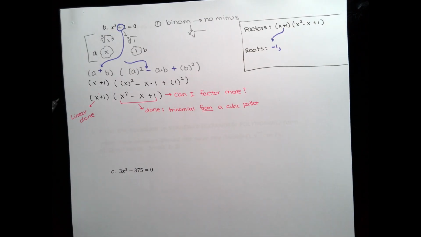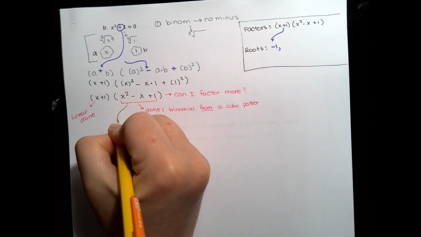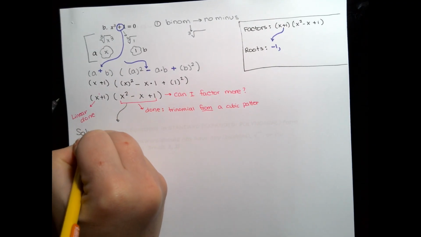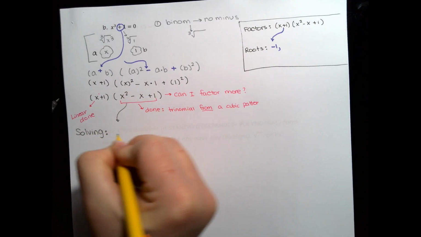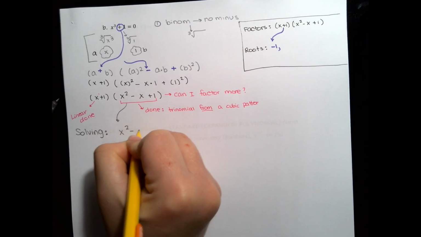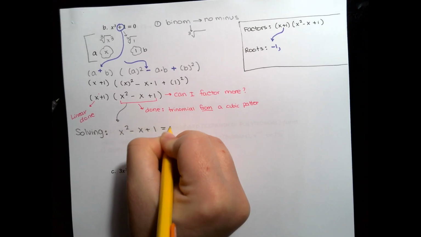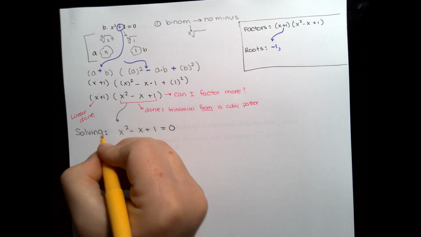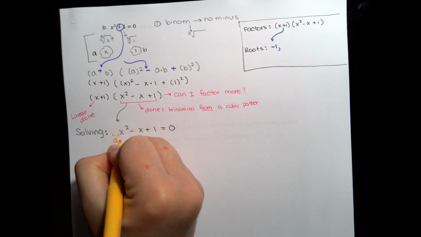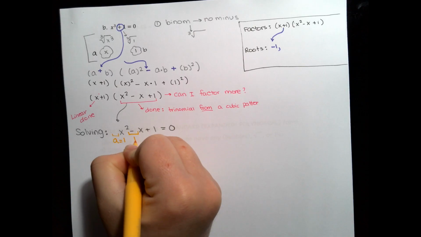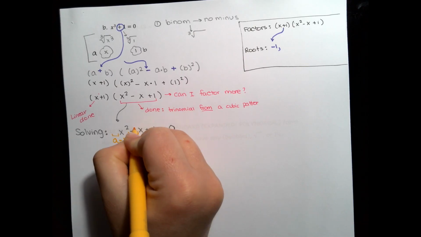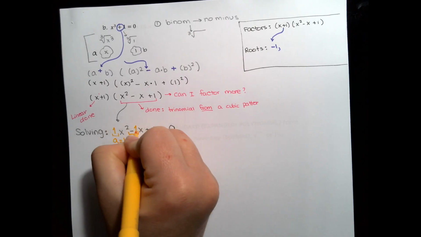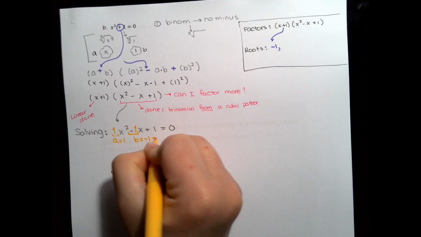But for solving the trinomial, we're going to set it equal to 0. We're going to identify a, b, and c. Be careful here with the negative. It is a -1. Oops, no plus.